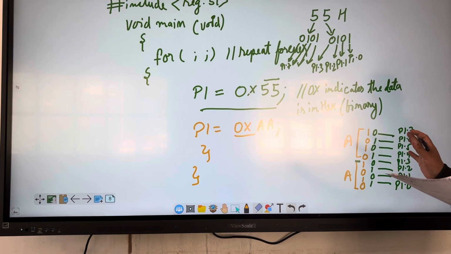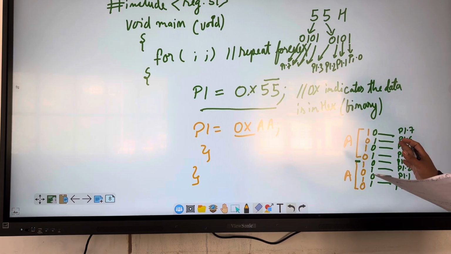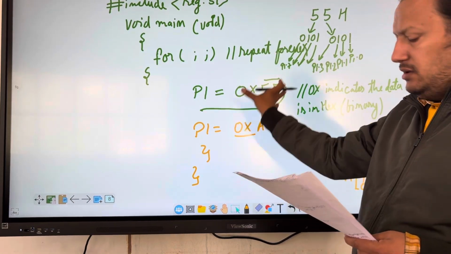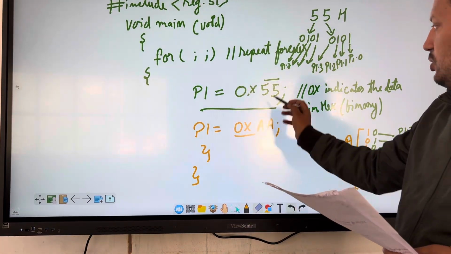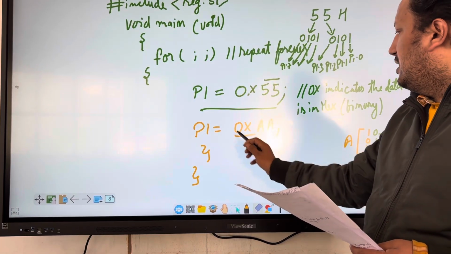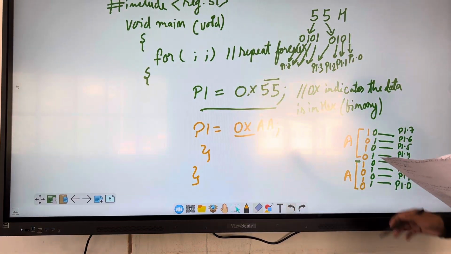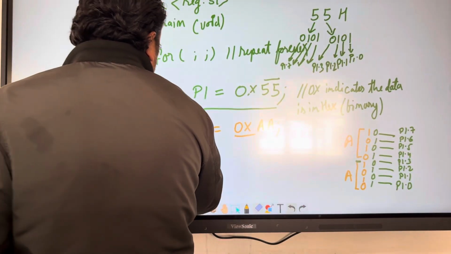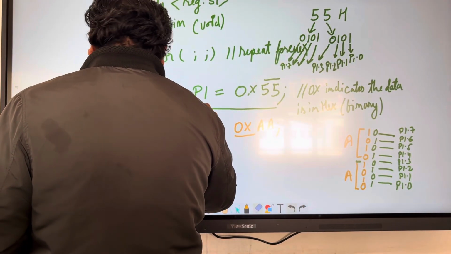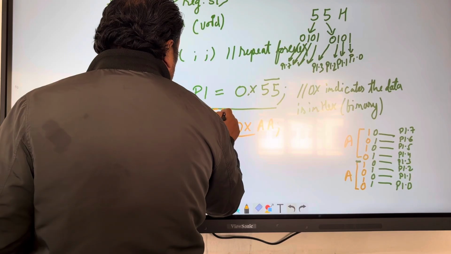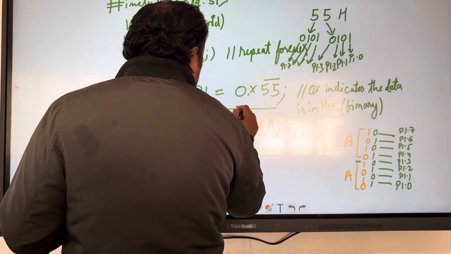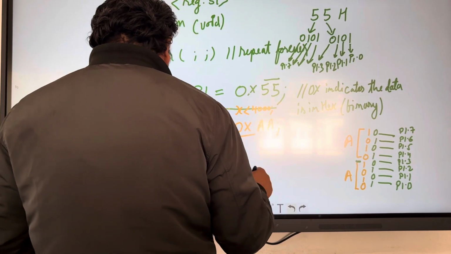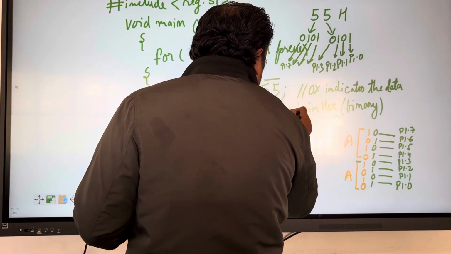If you want some delay in between, you can just write that delay function in between these two, because here you are giving one value, here you are giving another value. So you can put some delay here. I'll write for x equal to 0, x less than 4000, x plus plus.